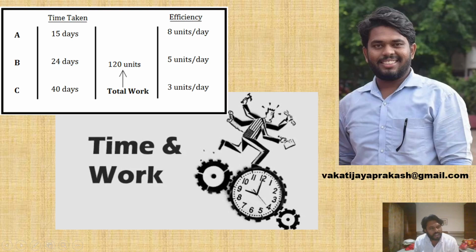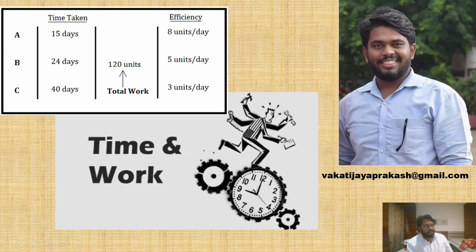In this there is a basic method you can use to solve each and every problem, but quite a lot of calculations are involved in it. So instead of that, if you target the LCM method, you can use it in 75% of the problems from time and work and get the answers as soon as possible.